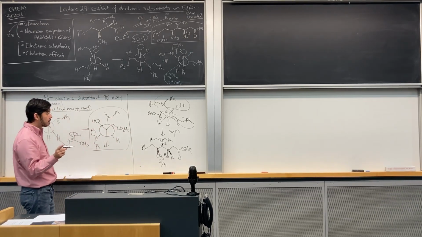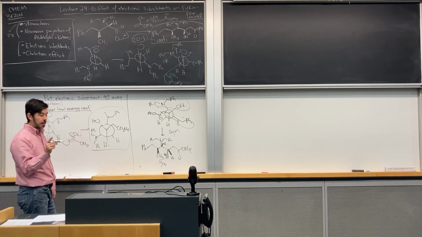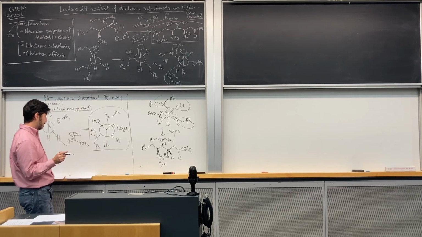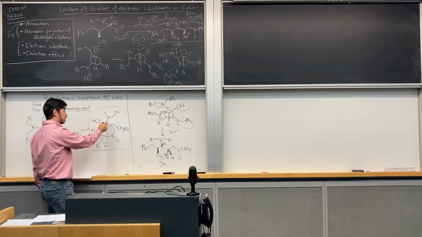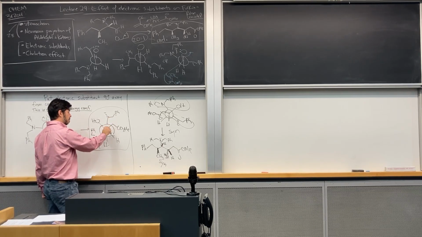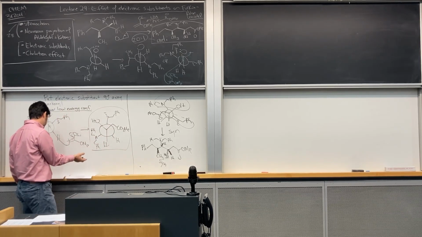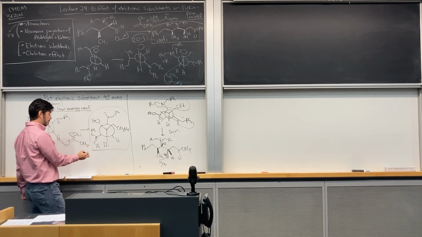Okay, so how do we draw this out? And what do we need to do? We need to put the longest carbon chain in the plane of the page. So has that been done? No. You can see the longest carbon chain is here, but then it goes into this ester here. So we need to rotate this in such a way that we put those groups in the longest plane of the page.